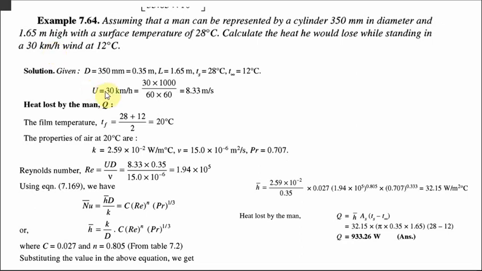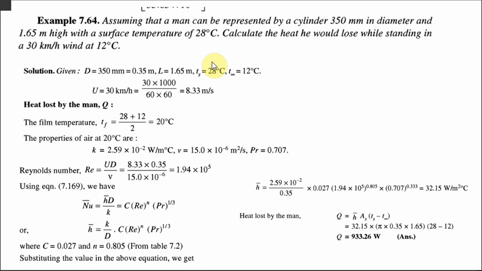So first we need to convert that km per hour into meter per second, and we know that the heat transfer Q is equal to h bar A delta T, where h bar is the average convective heat transfer coefficient. So h can be calculated from the Nusselt number.